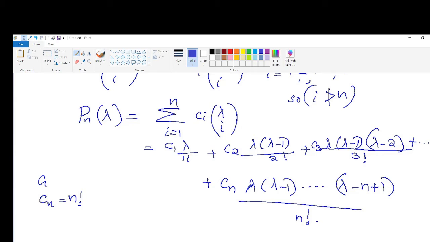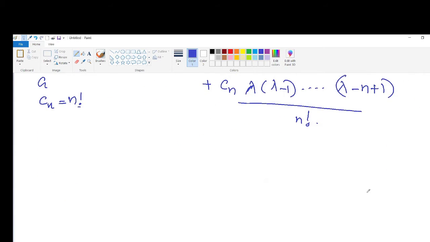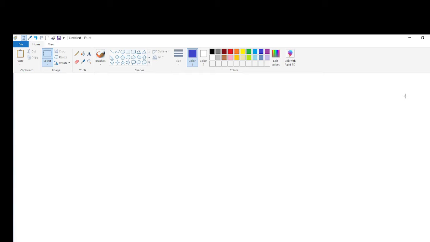Now let us move to an example of how to find the chromatic polynomial of a given graph. So we can draw a figure. Now consider this figure.